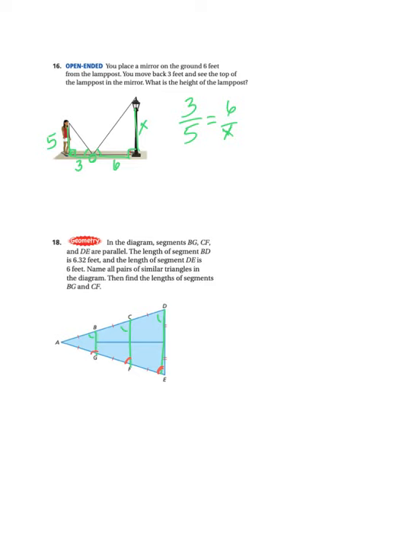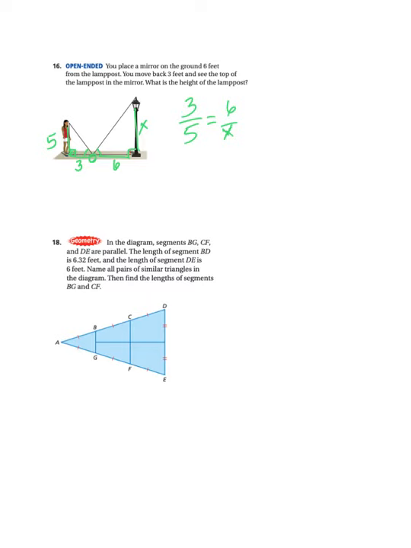So that helps us see that we actually have three similar triangles here. We have triangle ABG, ACF is similar to that, and ADE is similar to both of the other two. Because we know that those lines are parallel, that helps us prove that our triangles have the same angles and are therefore similar.